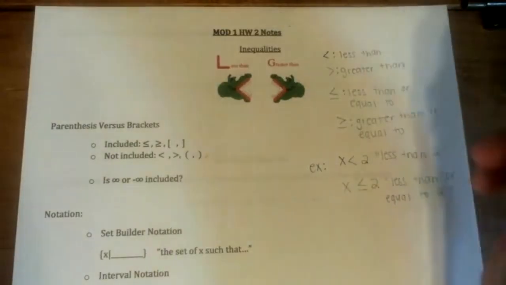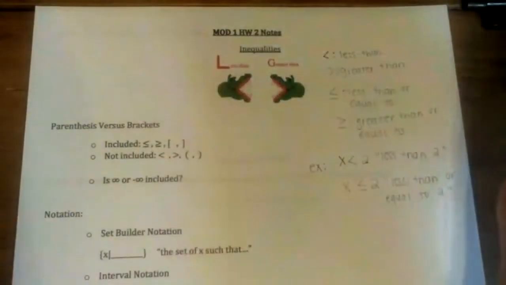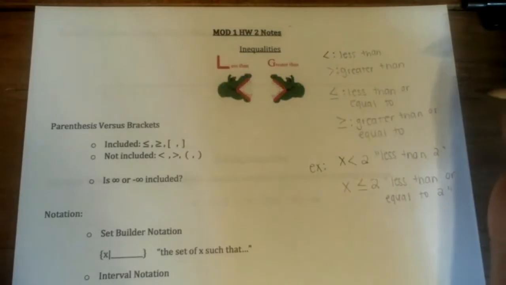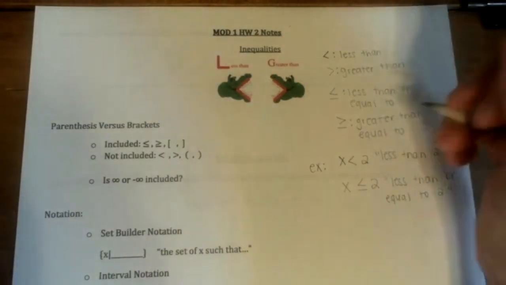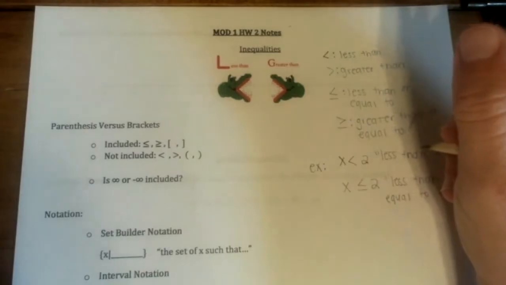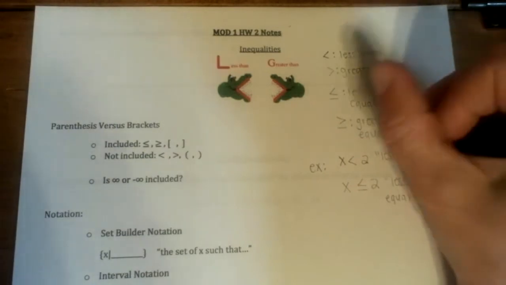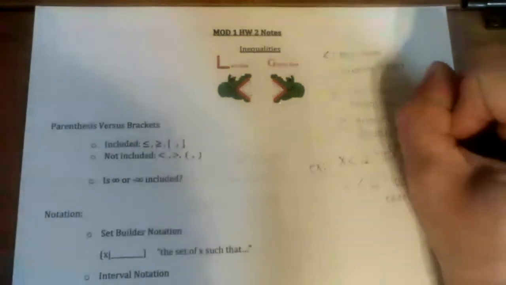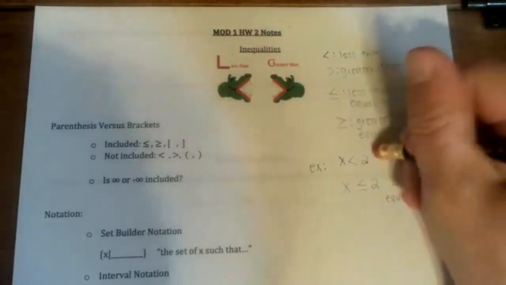Let me write something up here to help explain this better. So less than 2 is just going to say everything less than 2.